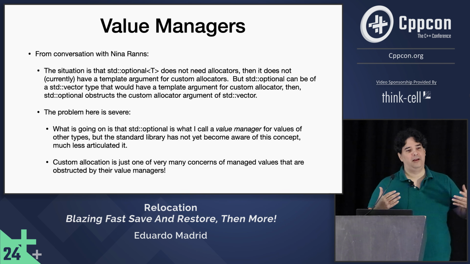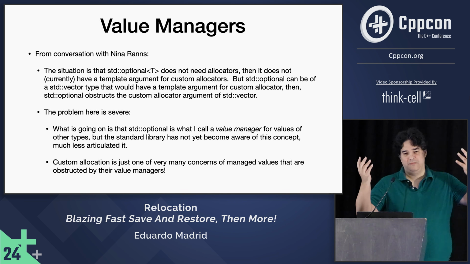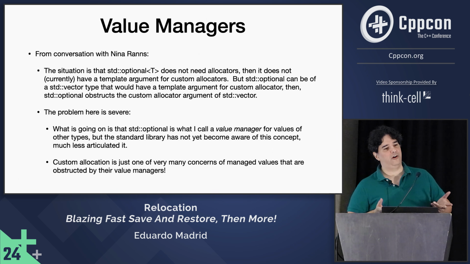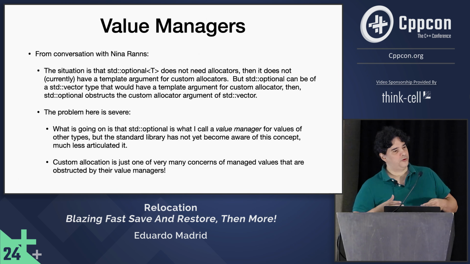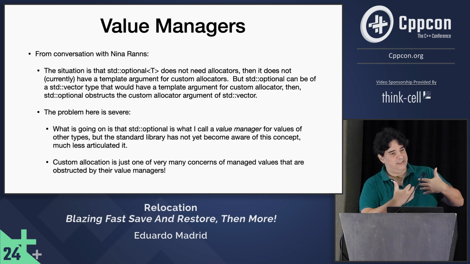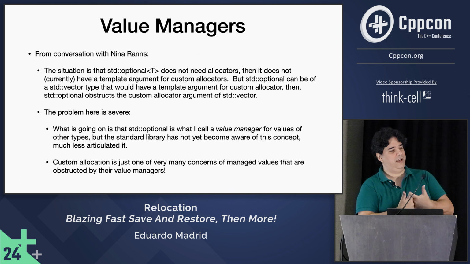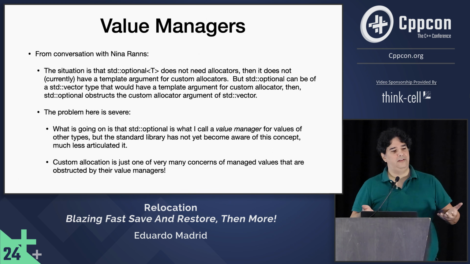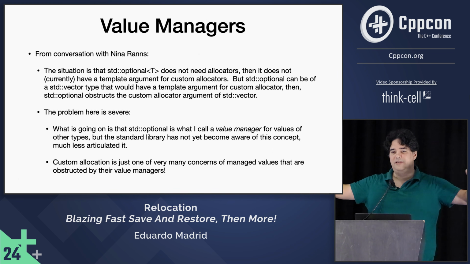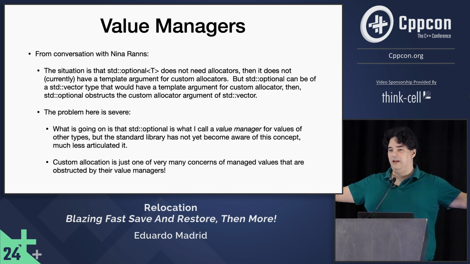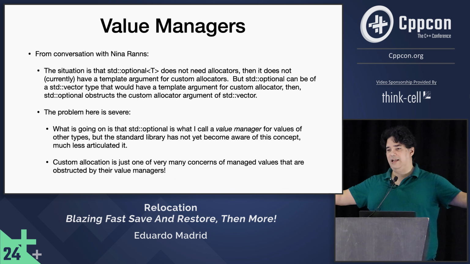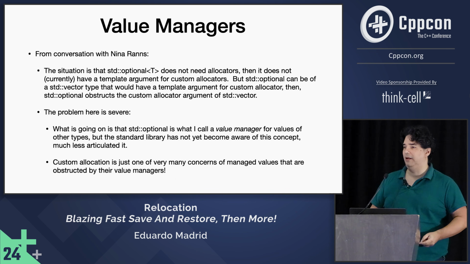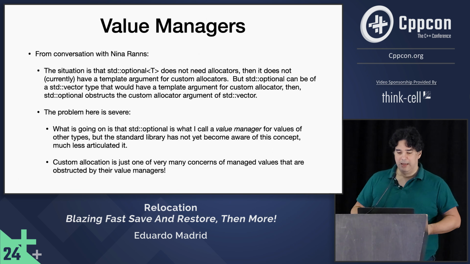You can have vocabulary types, like one random example of a vocabulary type that exhibits this problem is a standard optional. And a standard optional of a type itself doesn't need any allocator. It is not concerned with allocation because it doesn't do allocation. It can configure itself at compilation time to be of the internal buffer size and alignment suitable to hold whatever it is going to be holding optionally.